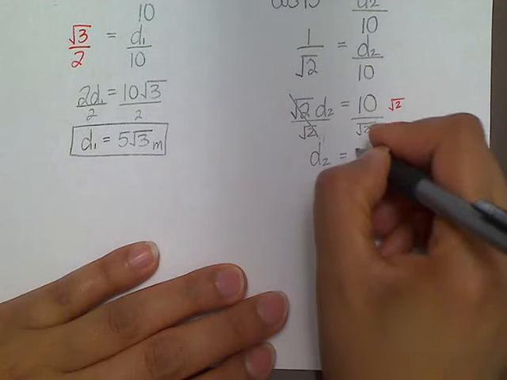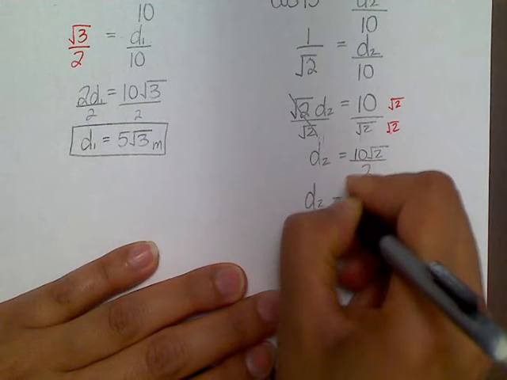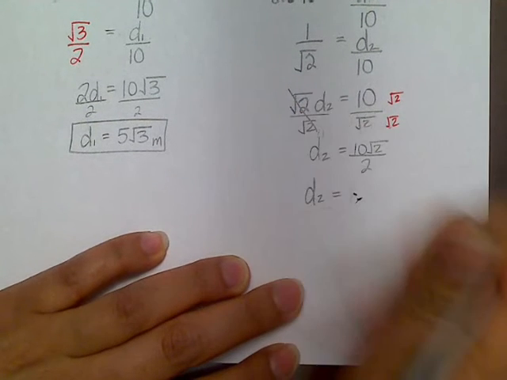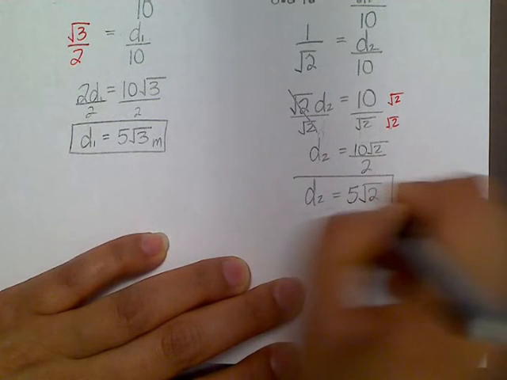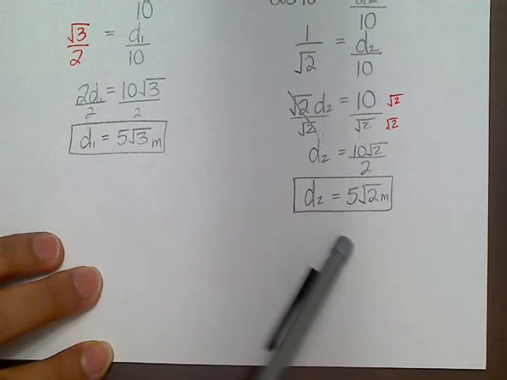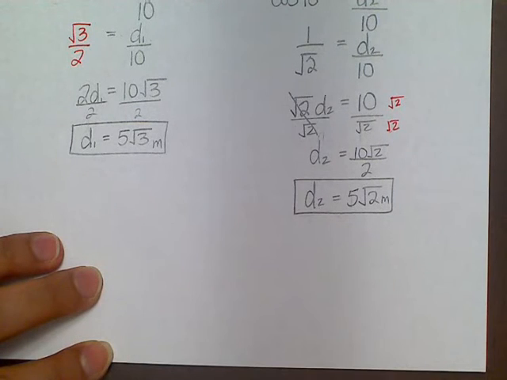This goes back to one of your older units. And so what I end up getting is 10 root 2 over 2, which I can simplify to 5 root 2. And that's in meters again. So there's the second distance.